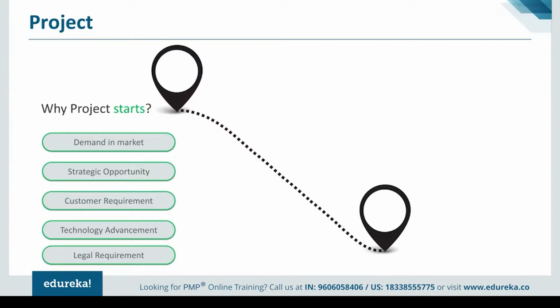Projects are also undertaken if there is any change in technology or if there is an advancement in technology. And you may have seen it a lot, typically in IT projects, I have seen teams changing the entire technical landscape from one technology architecture to another, maybe because then it becomes much easier to maintain.